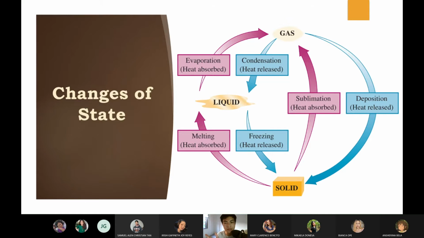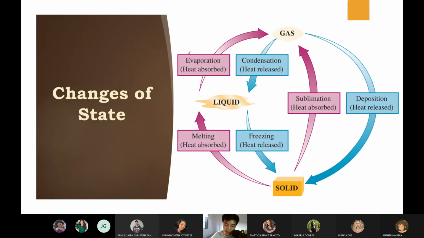This happens when we add or remove energy sa particles natin. Adding energy will cause the particles to move more, hence they will transition from solid to liquid to gas. And that process involves the absorption of heat, or that is endothermic.